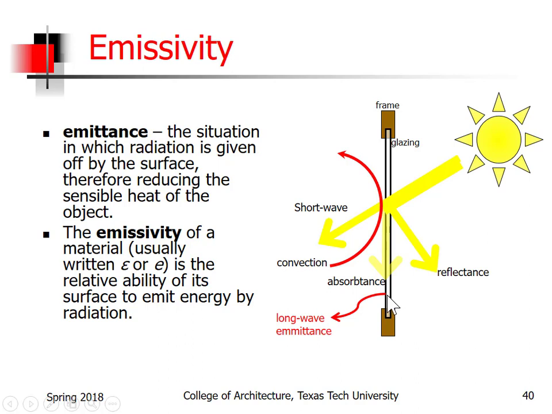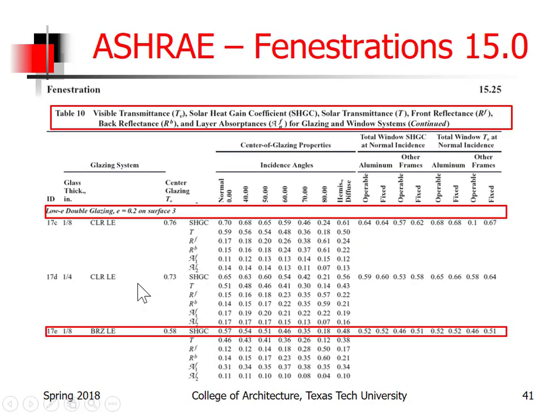Also, which surface it's on, whether it's surface 2 or 3, will tell us which direction it emits. In other words, you can put coatings on this so that the long wave emittance doesn't happen towards the building or into the building, but actually outside of the building. Okay, and that's what emissivity, or E, is.